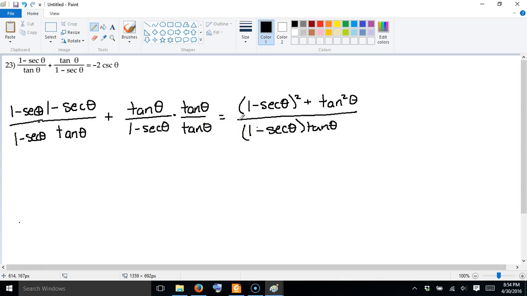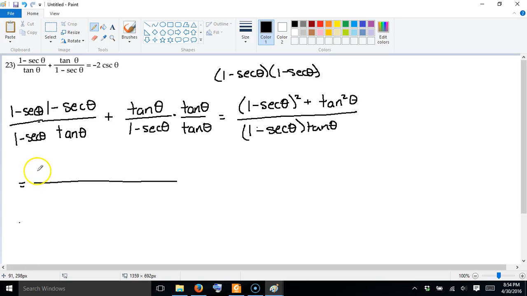Now let's multiply this out. Remember, it's not just 1 squared minus secant squared theta. That's not it. This is the same thing as 1 minus secant theta times 1 minus secant theta. FOIL this out.